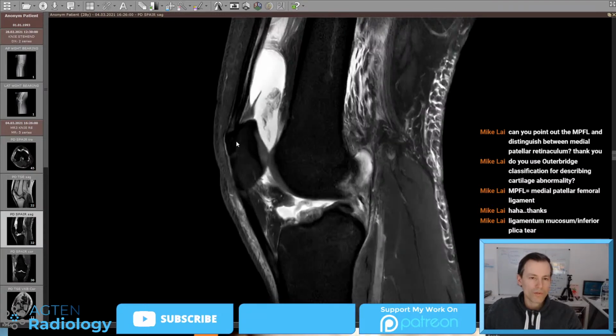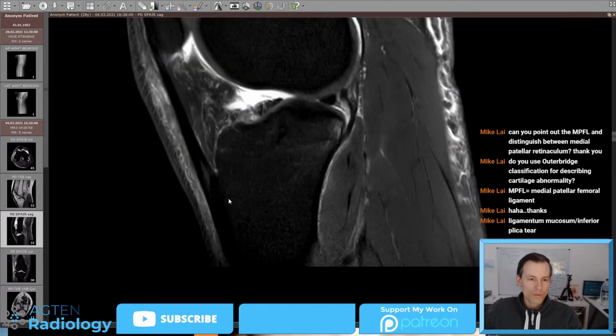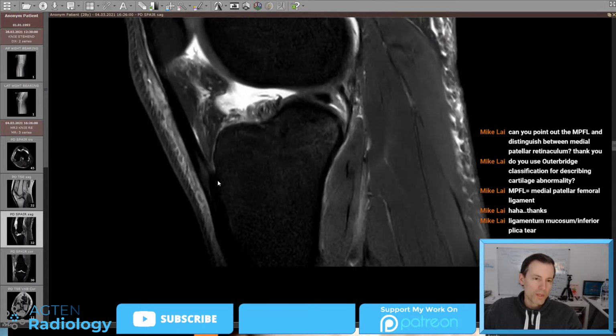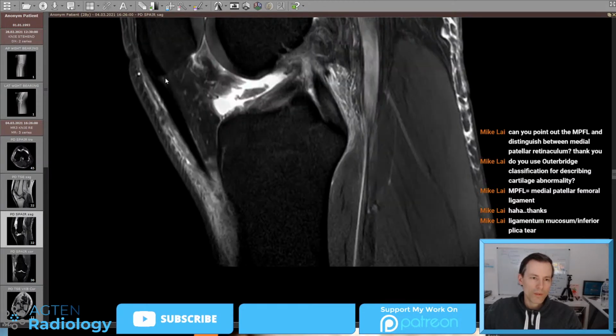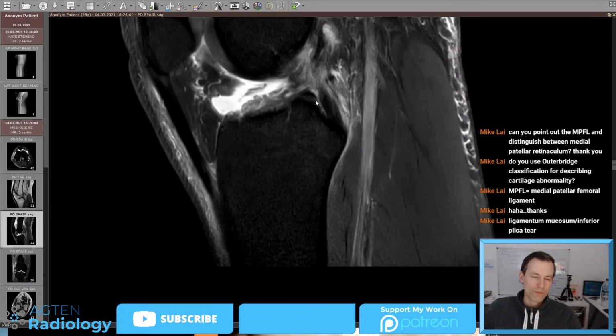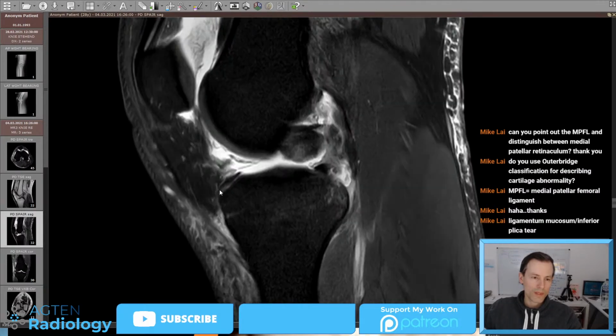Quickly checking this on a fat saturated image as well. A little bit of high signal down here, but it's really not so easy to make any judgment about it. I mean, we see this frequently on the origin of the patellar tendon, and there it's believed to be common unless it's really fluid-like or swollen or something.